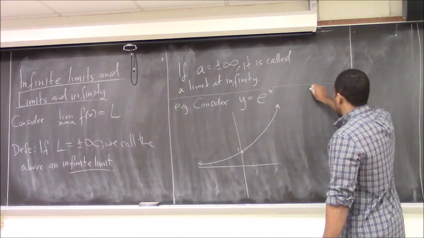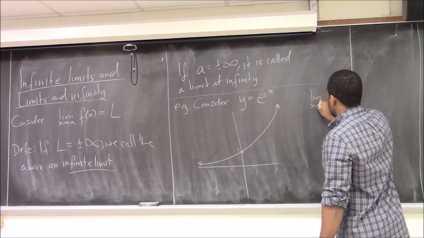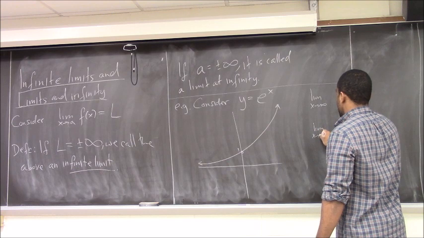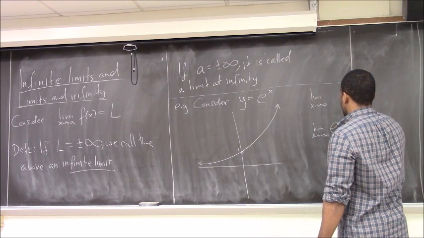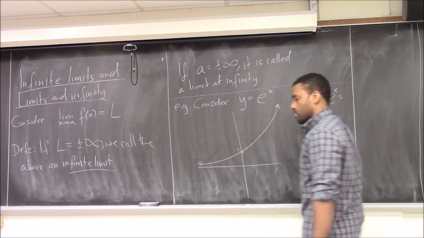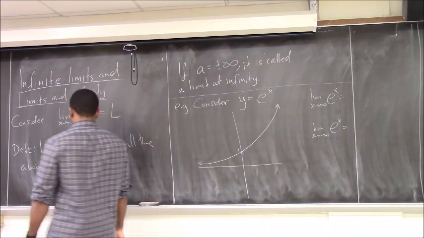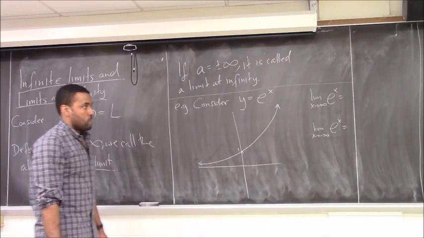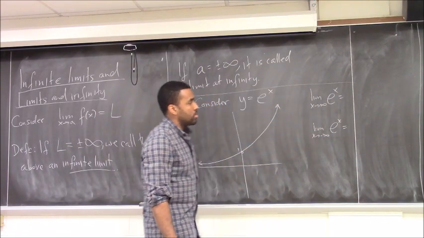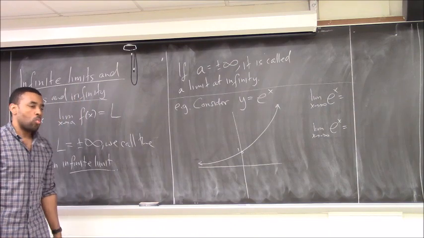And so now, let's look at these guys. Limit as x approaches infinity, and limit as x approaches minus infinity of this function. So I'm taking two limits at infinity. The x values are at infinity. And I want to figure out what the y values are doing.